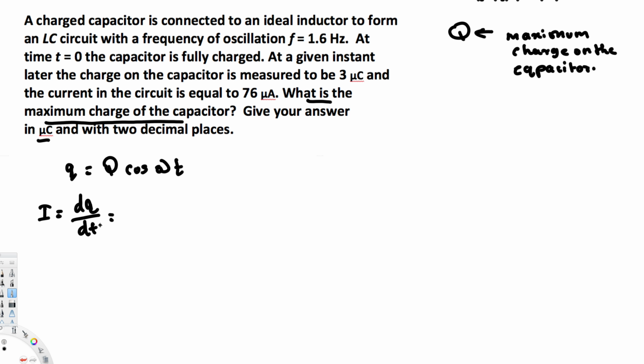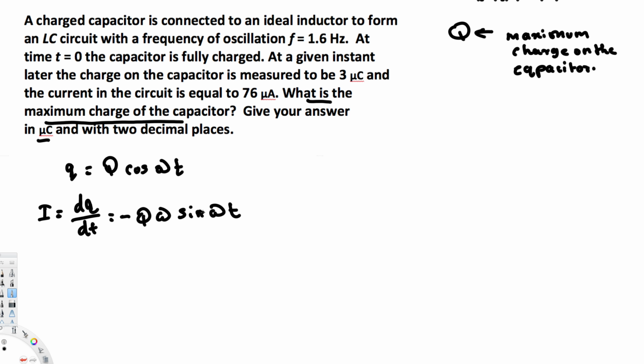This is a chain rule: the outside derivative is negative sine omega t, and the inside derivative is just omega. So this is going to give us negative Q omega sine omega t.